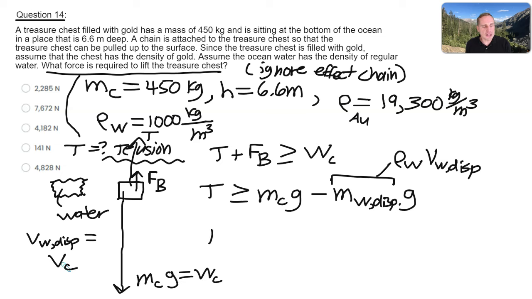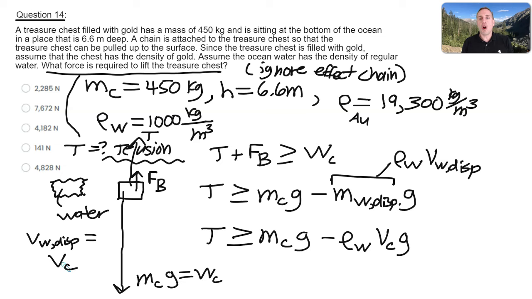Okay, so let's write this out a little more. Tension greater than or equal to mass of the chest times g, and then minus the density of water times the volume of the chest times g. Now, how are we going to get the volume of the chest? Well, volume is related to density.